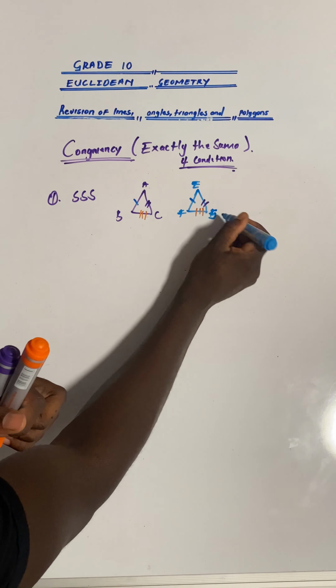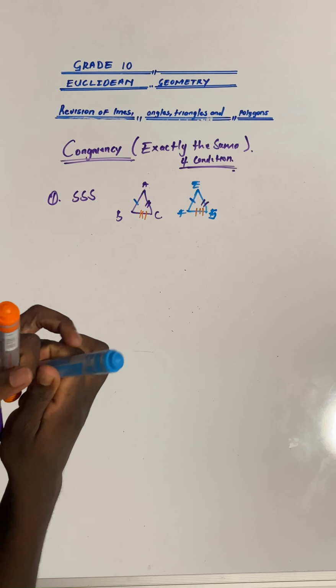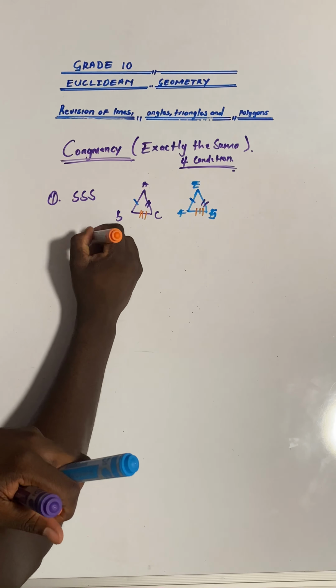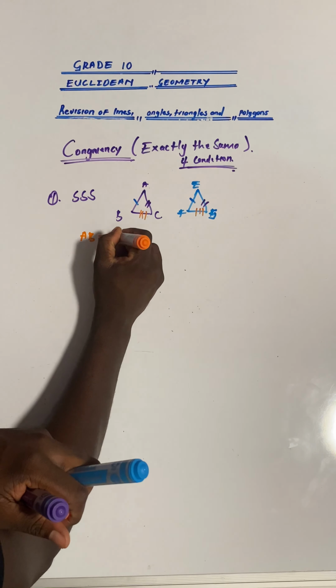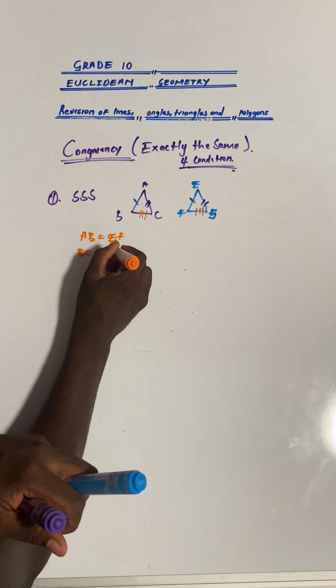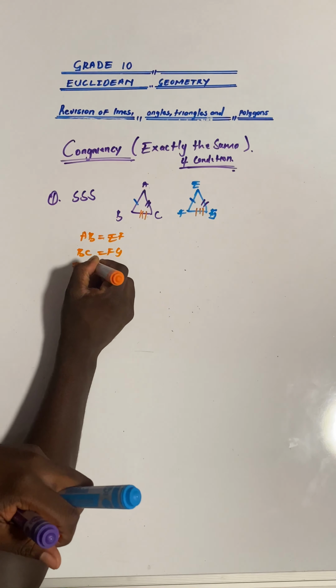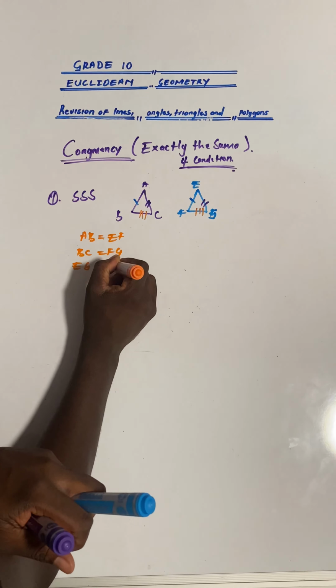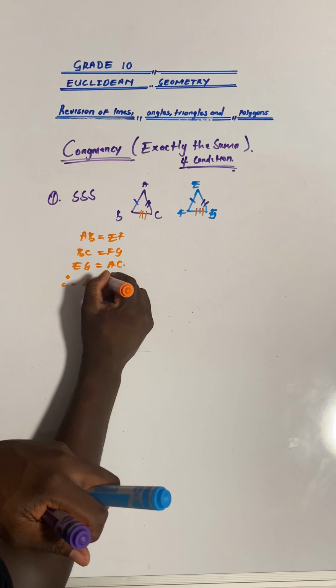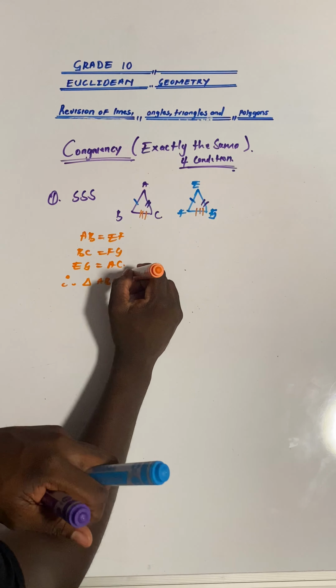Let me correct that. BC is equals to FG. Therefore, we can now say, or let me even write that. AB is equals to EF, right? BC is equals to FG, and EG is equals to what? Is equals to AC. So therefore, we can say that triangle ABC is congruent.